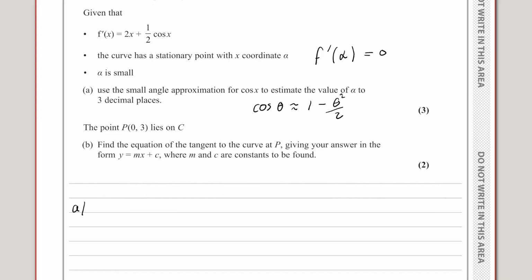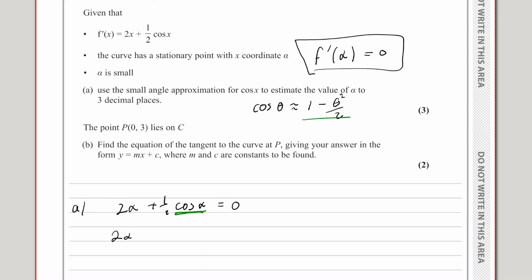We know that 2 alpha plus half cos alpha is equal to 0, the gradient function equals 0. And then use the small angle approximation. For cos alpha, we're going to write 1 minus alpha squared over 2. So 2 alpha plus half times 1 minus alpha squared over 2.